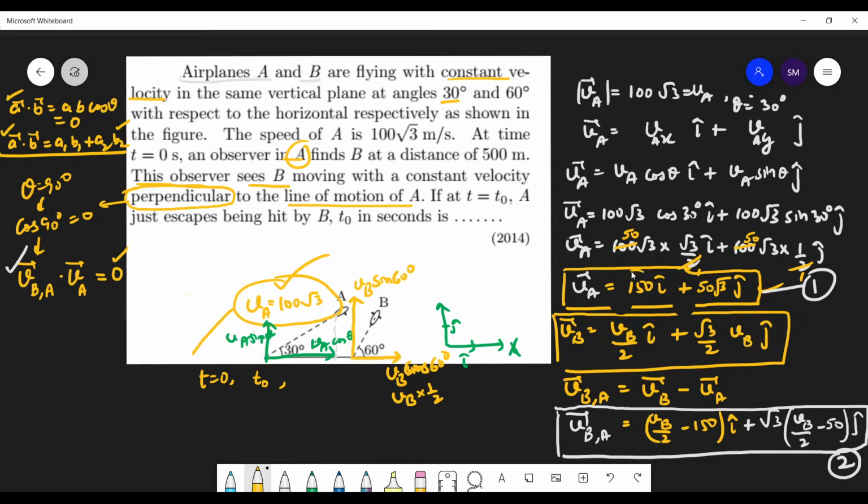So I components will be multiplied. So 150 into VB by 2 minus 150 into 150 plus, so that's, okay, we can rub them, it's no problem.